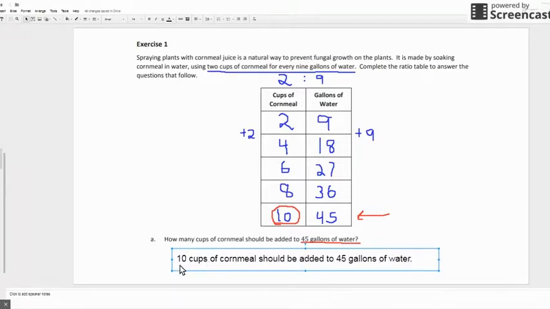I identified the answer of 10 cups of cornmeal and identified what they're referring to in the question. So please make sure all answers are written out appropriately. The work's already done up here, so we don't have any work to show. The work is from the table itself.